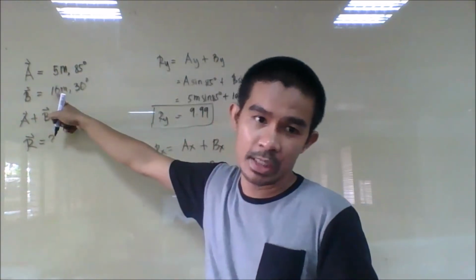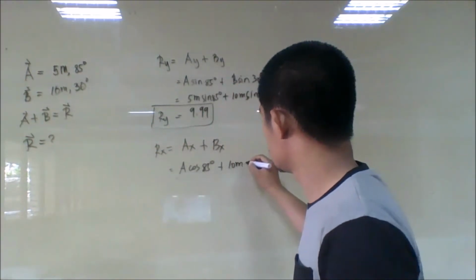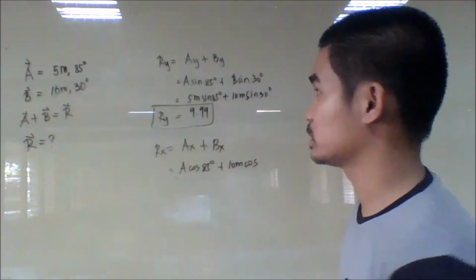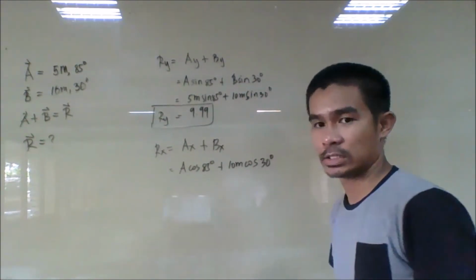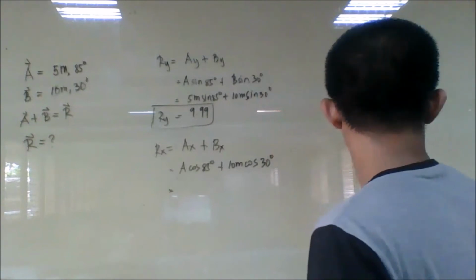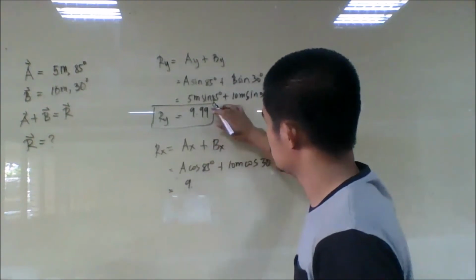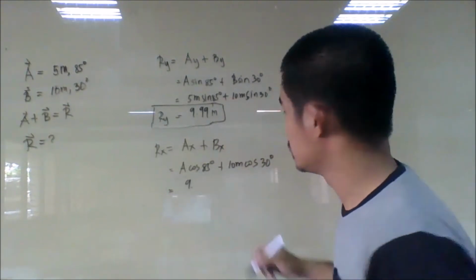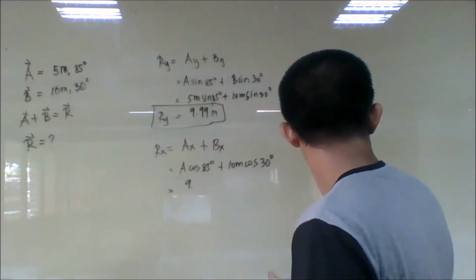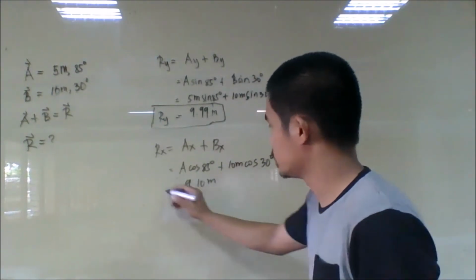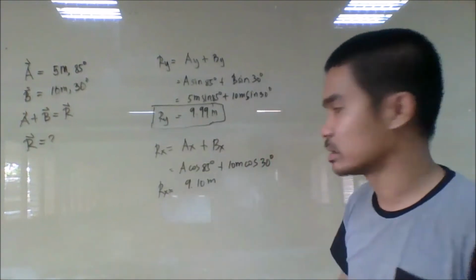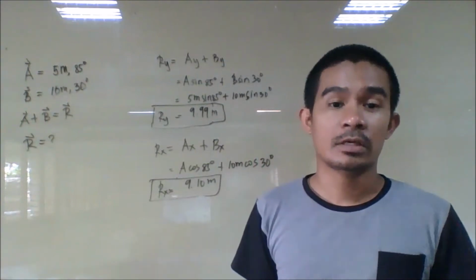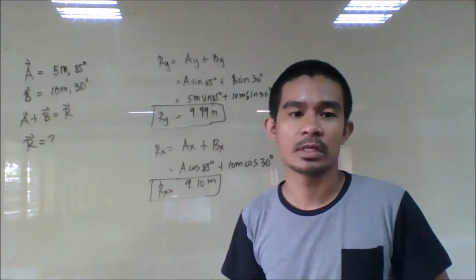The magnitude of vector b, 10 meters, cosine of its direction from positive x-axis in counterclockwise direction, 30 degrees. Do not forget to put the unit in magnitude. So we have r of x, that is 9.10 meters.